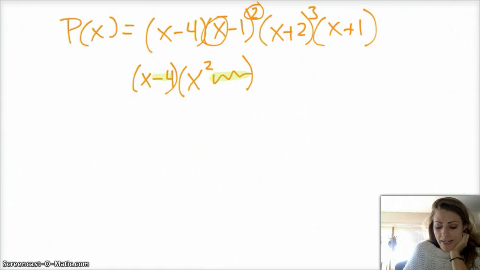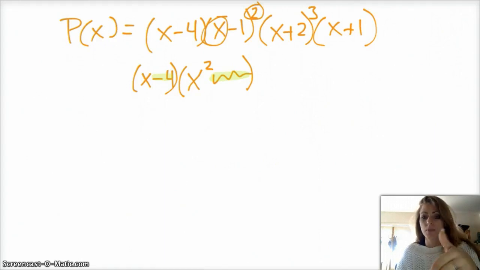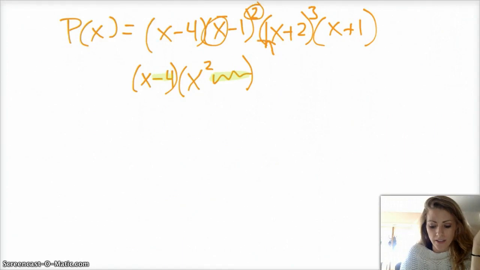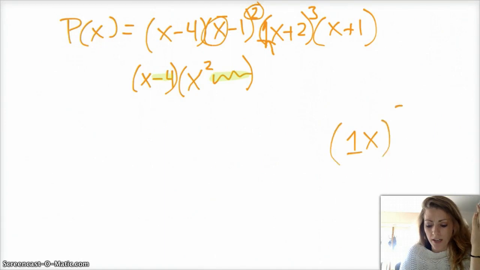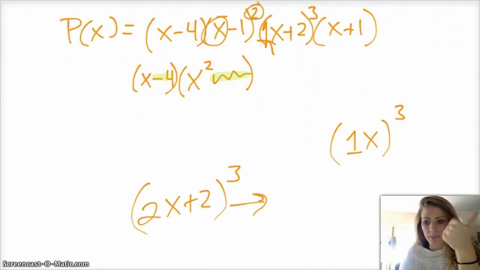Then my next expansion, x plus 2 to the third: if I were to multiply everything out, x plus 2 times x plus 2 times x plus 2, my first term is going to be the highest degree on x, which in this case is x to the third. And if the only number in front of x here is positive 1, then I have 1x raised to the third. If that was 2x plus 2 to the third, then my first term is going to be 2x times 2x times 2x.